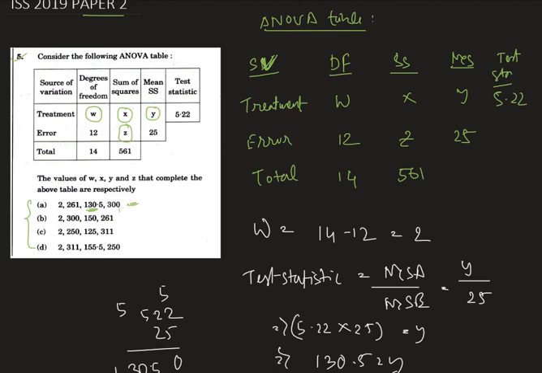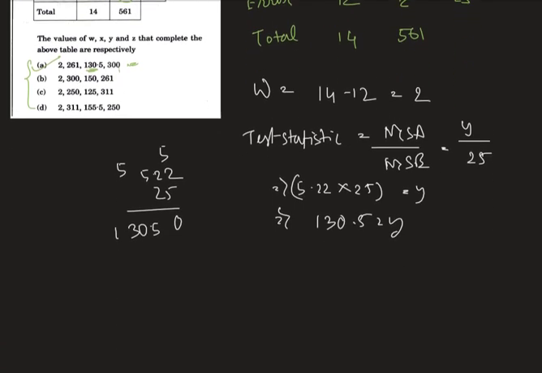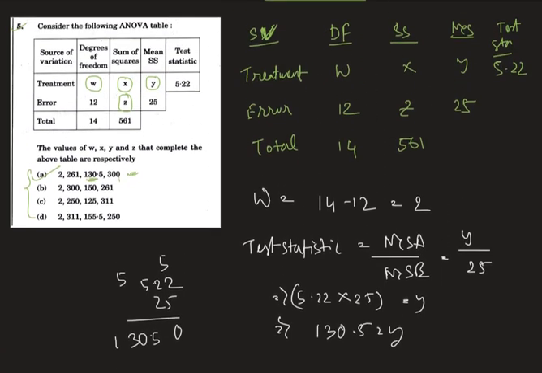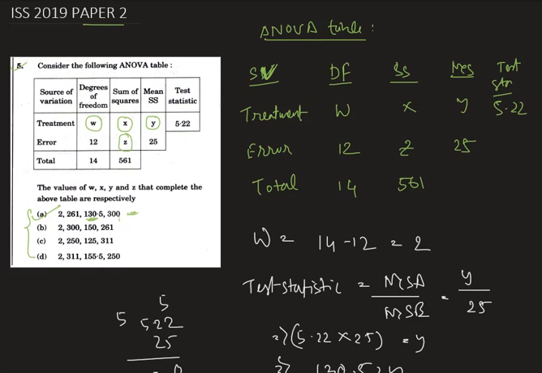But for convenience we check the other values of W, X and Z also. Therefore we replace Y in the ANOVA table with 130.5.